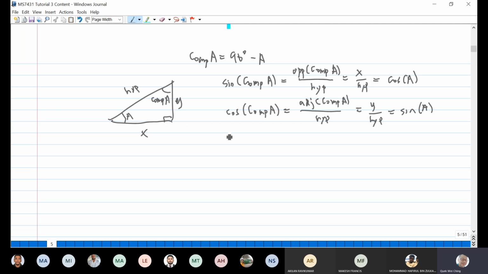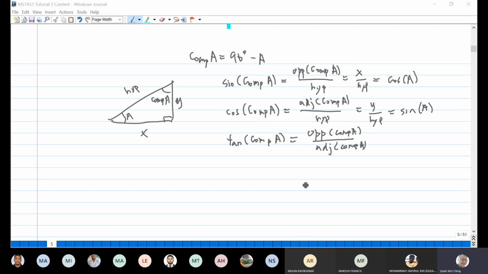How about next one? Tangent of column A. Okay, tangent of column A here. What is it equal to? We know tangent of the angle is opposite of column A now over adjacent of column A. Opposite over adjacent. Okay, this is how you get tangent of angle.